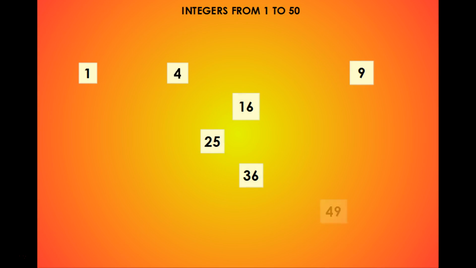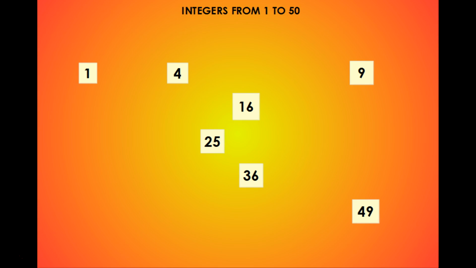Now, a good way to look at the integers is to split them into blocks of 50 and look at their square root features. Starting from integers from 1 to 50, here is a list of selected integers, and you may recognize them from the table we've just had or from your times table.